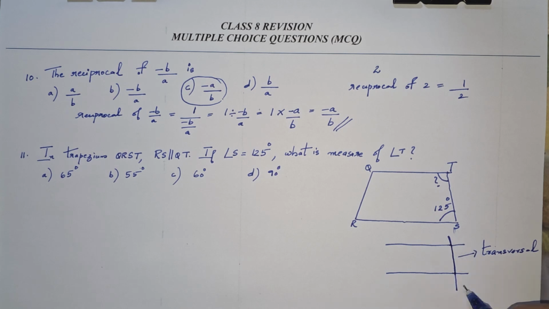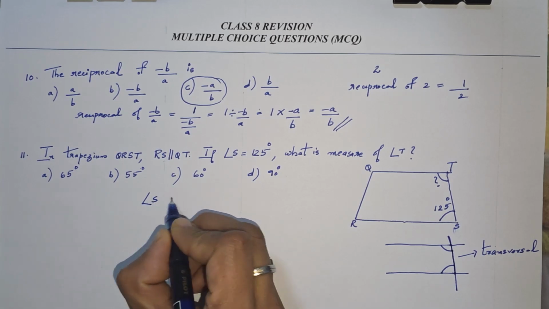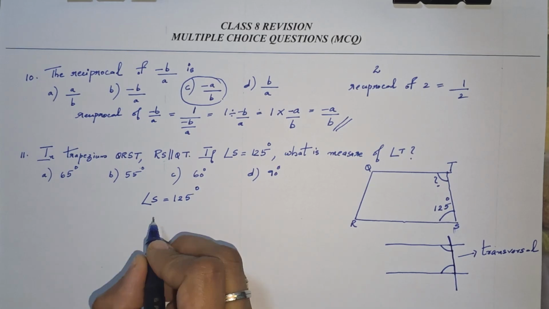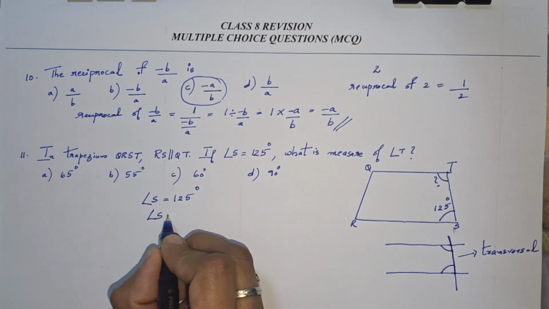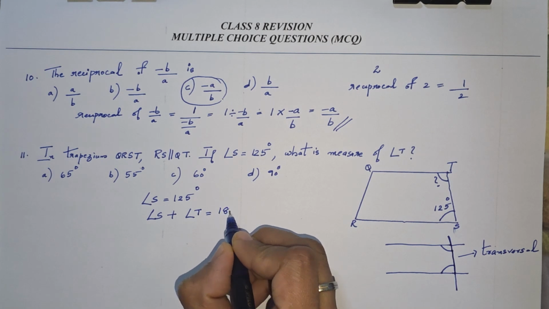This transversal, when it is cutting the parallel lines, the sum of interior angles on the same side will be equal to 180 degree. We can make use of this knowledge to find out the unknown angle, angle T. So we know that angle S is equal to 125 degree, and also we know that angle S plus angle T is equal to 180 degree.